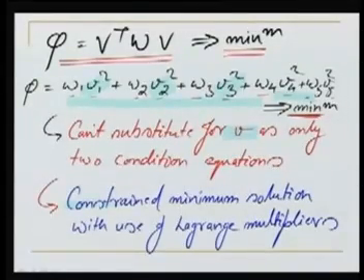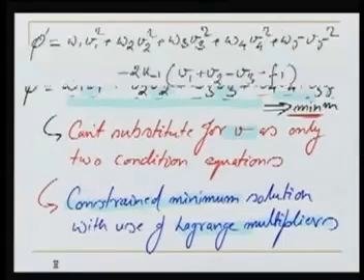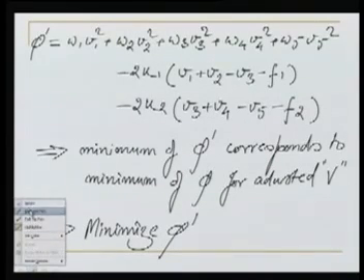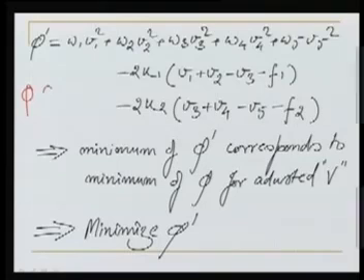So how are we going for the constrained minimum now? We will make use of a Lagrange multiplier in order to solve this. Instead of phi, which we were using earlier, we are now introducing phi dash.